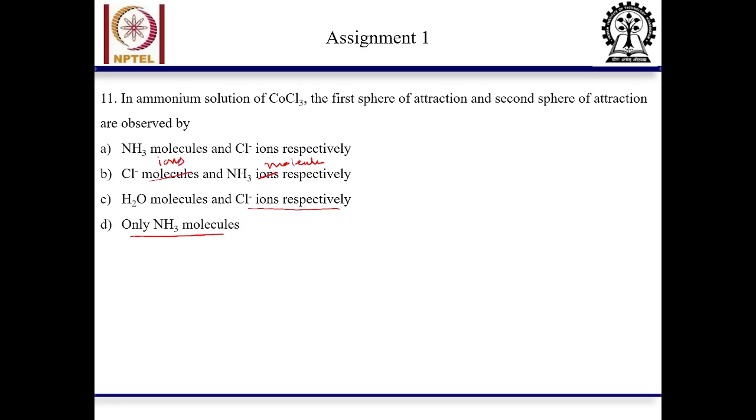Can anyone just write in the chat box what will be the answer? Dr. Naveen Avasthi is saying A. Anyone else has a different opinion?